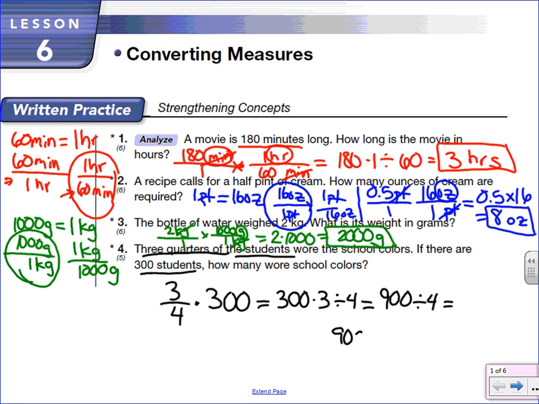If you don't know that offhand, 4 goes into 9 twice, so 2 times 4 is 8. 4 goes into 10 twice. 2 times 4 is 8. 10 minus 8 is 2. 4 goes into 20 5 times. 5 times 4 is 20, and that gives me 0. So 225 students wore school colors.